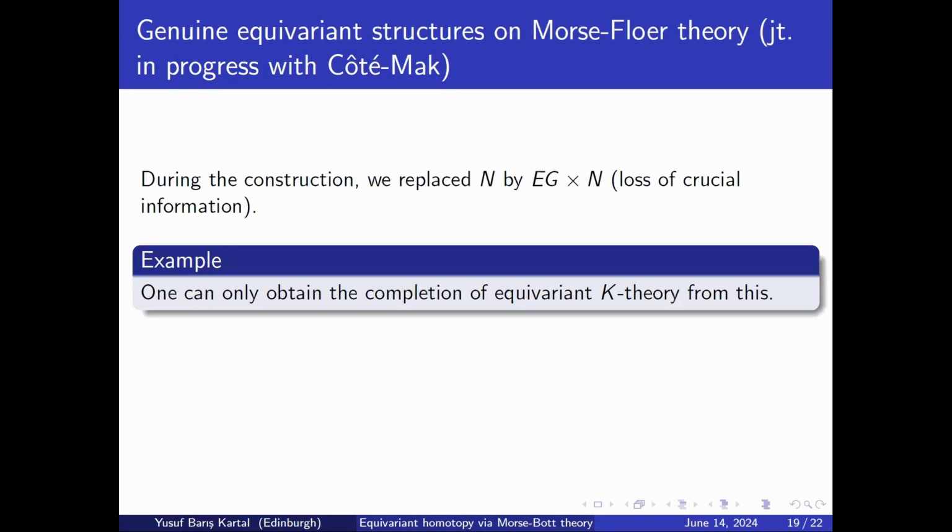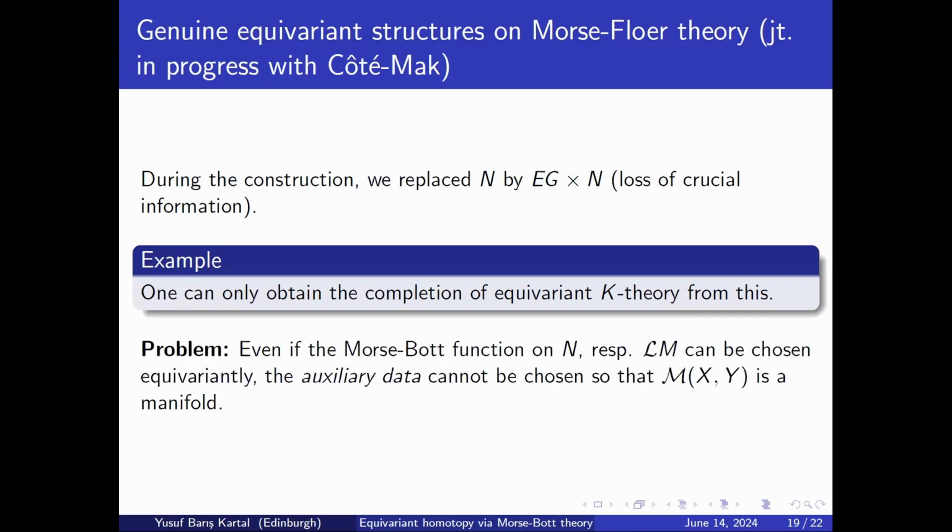Genuine equivariant carries more data, and we are losing it when we take the product with EG. So we want to get rid of this EG component, but there is a problem. The Morse-Bott function can be chosen equivariantly, but the auxiliary data, which I never told you what it is, in the case of M is just a metric for symplectic manifolds, just ignore it for the moment, you cannot choose the auxiliary data so that this is a manifold.